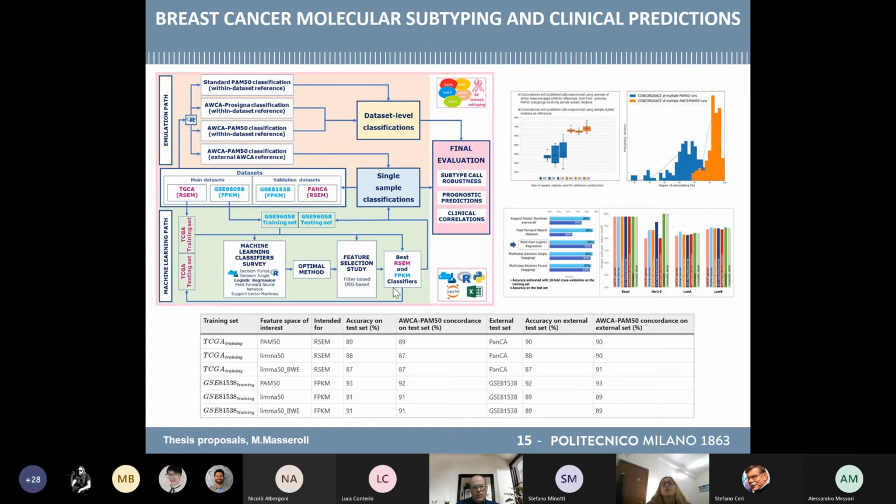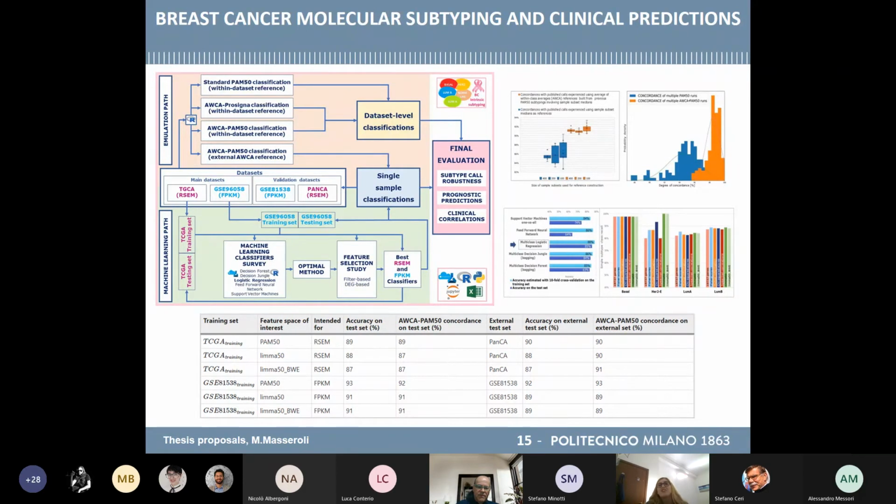But even most importantly, we focused on feature selection because, as I mentioned, we worked with quite restrained sample sizes, because there are not so many patients profiled with all the useful genomic data available. But at the same time, we have a huge dimensionality of possible features.